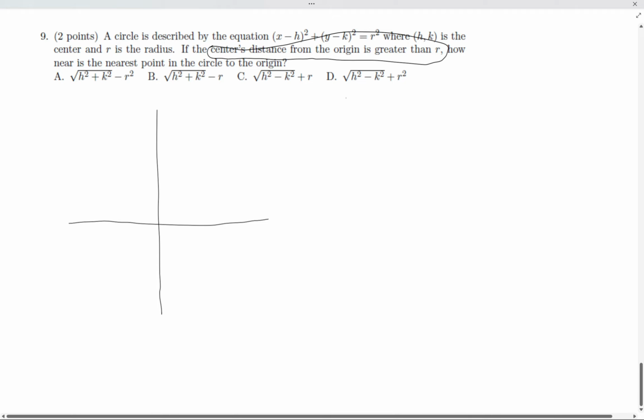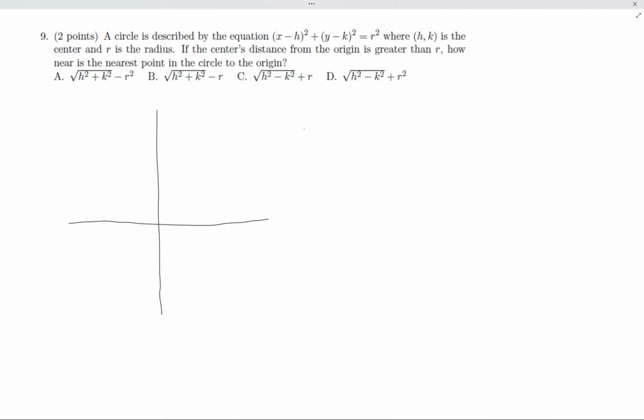Any circle following this problem's idea must have a center that is away from the origin by more than r units. So this possible center right here must be r units away from the origin. We could have this circle right there.